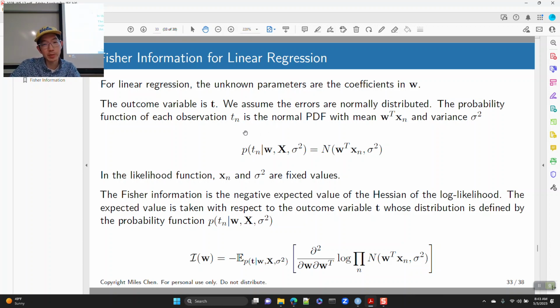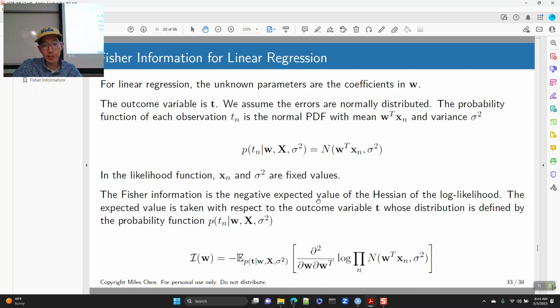The probability function of each observation is going to be the PDF, where the mean is our prediction, and we have our sigma squared. We're going to treat the observed values, our x sub n's, and our variance sigma squared as fixed. The only thing that can change here is our w's.